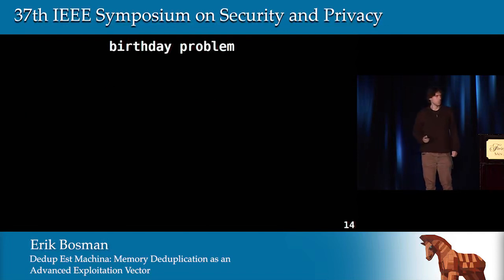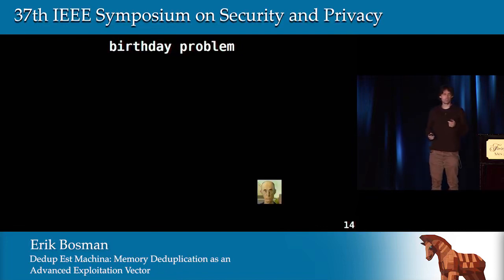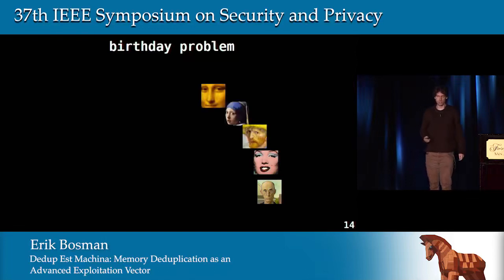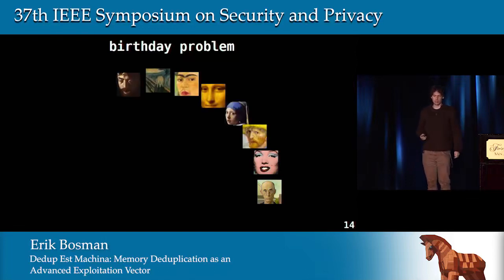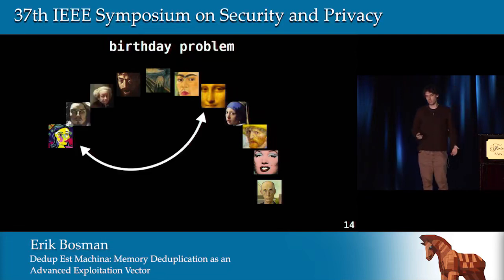We can still leak a heap pointer by making use of an observation called the birthday problem, which tells you that, given a surprisingly small group of people, the chances of two of them having the same birthday gets really high relatively soon.